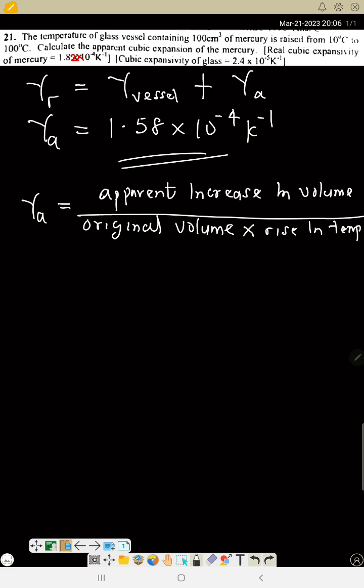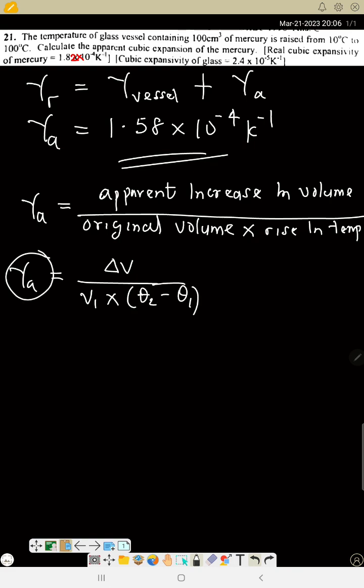That means apparent expansivity is equal to apparent increase in volume, which I'll just represent as change in V, over original volume V1 times temperature rise, that is theta 2 minus theta 1. I already know my apparent expansivity, which is this. Take note of when to use any of those formulas. I'm using this because no liquid is expelled, so it's just increased.